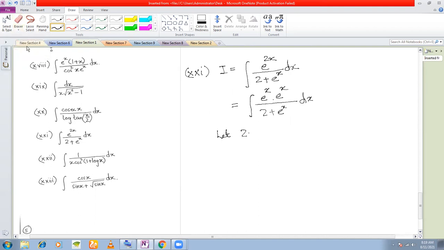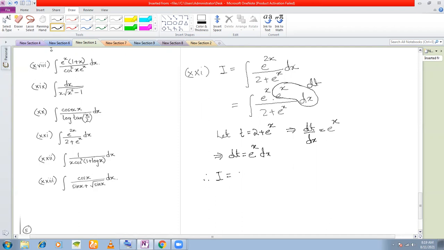Now, because the derivative of 2 plus e to the power of x is e to the power of x, you put t is equal to 2 plus e to the power of x. That means you get dt dx is equal to e to the power of x. That means you get dt is equal to e to the power of x dx. So this part becomes your dt.